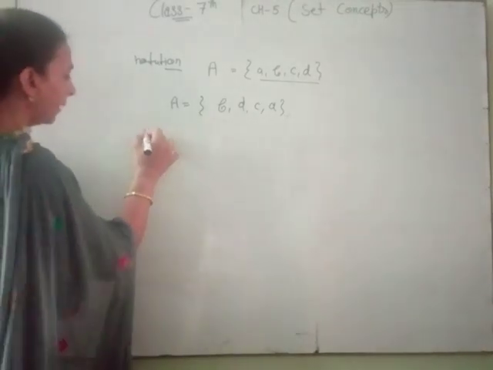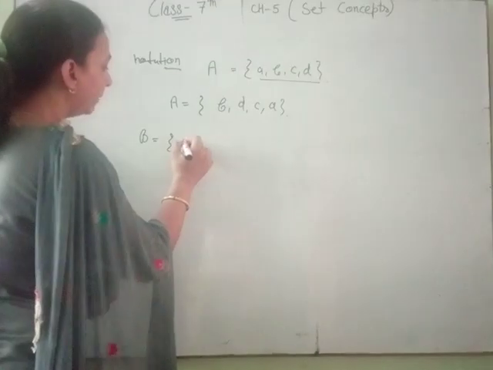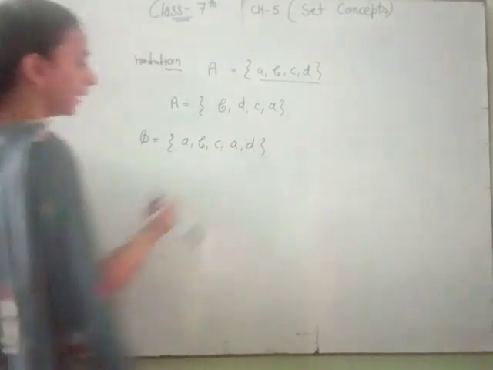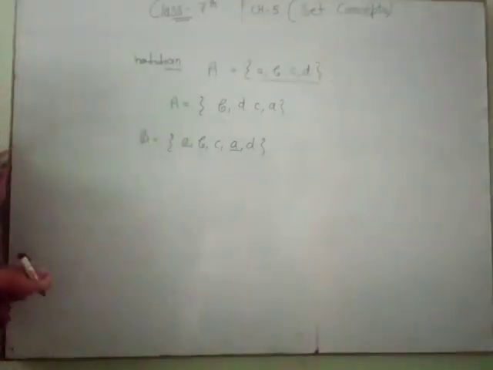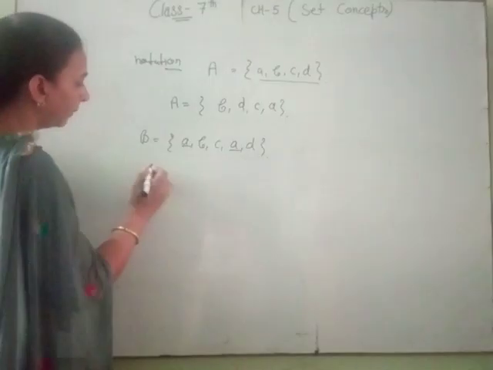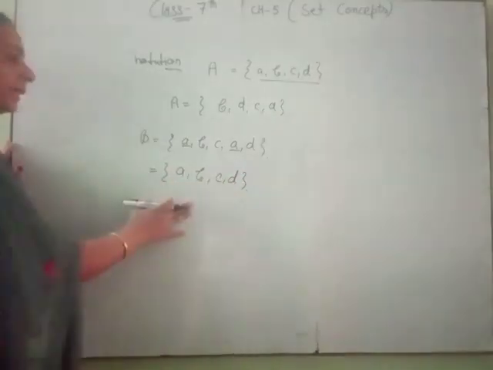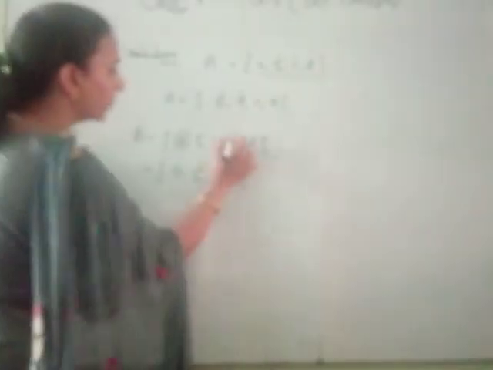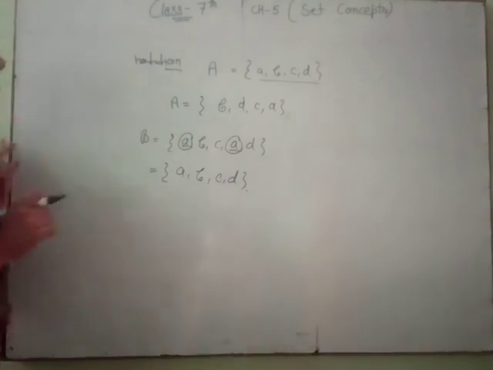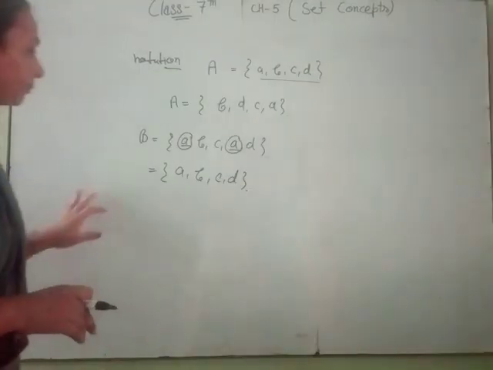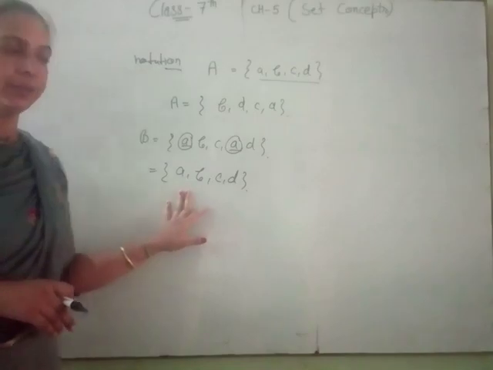For example, if we have a set in which the elements are A, B, C, A, D, then A appears 2 times, but we write A, B, C and D. These two are equal, because repetition is not allowed, so we write each element only one time.